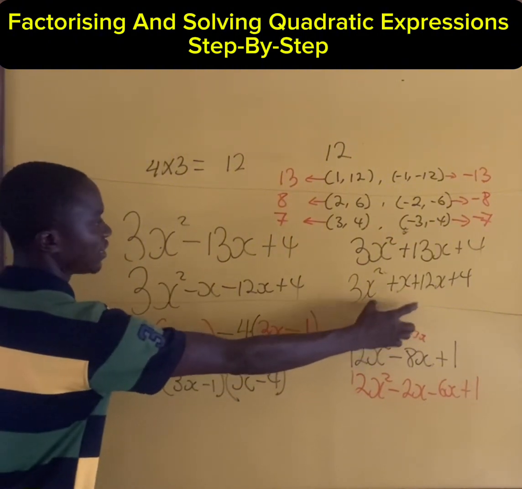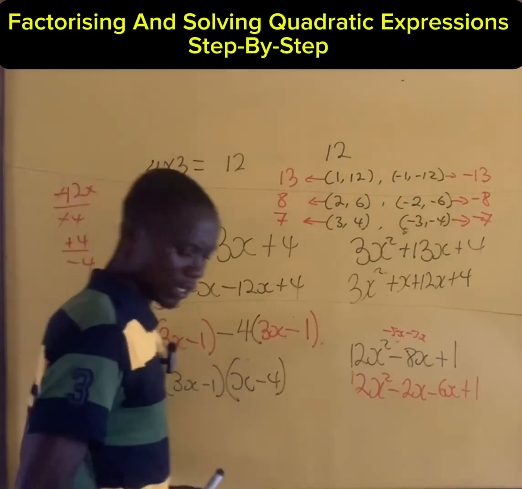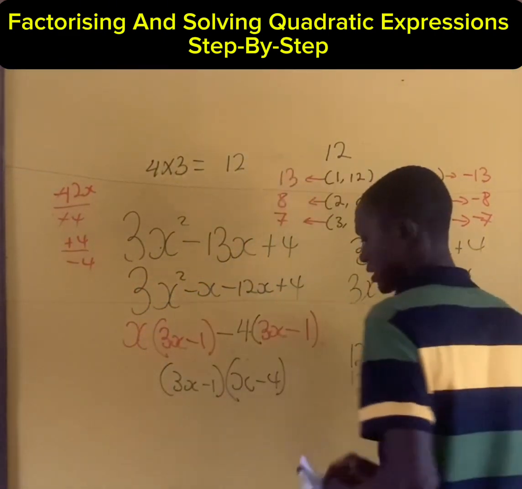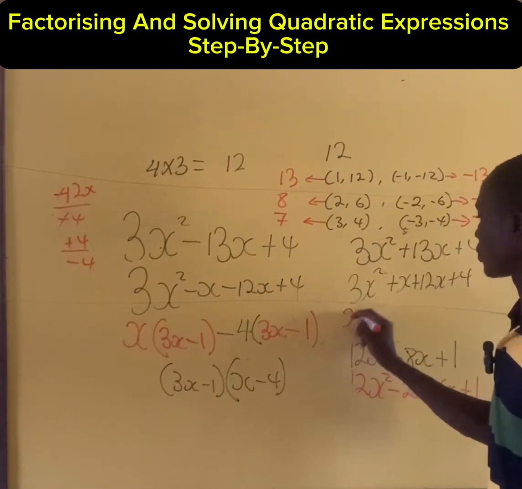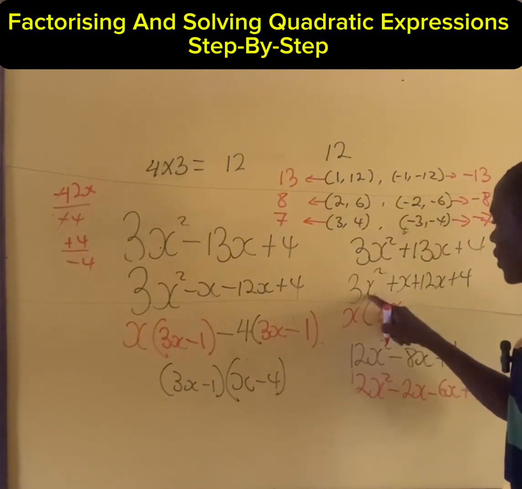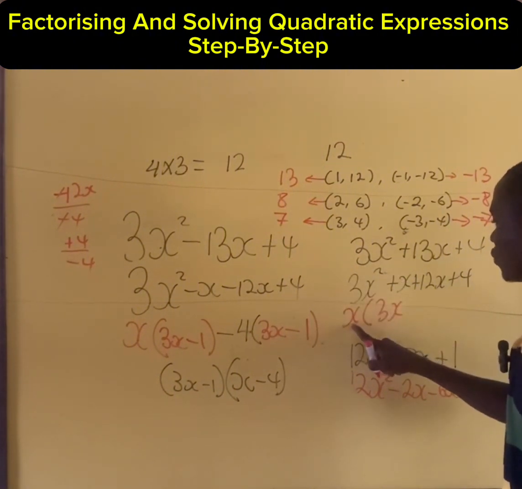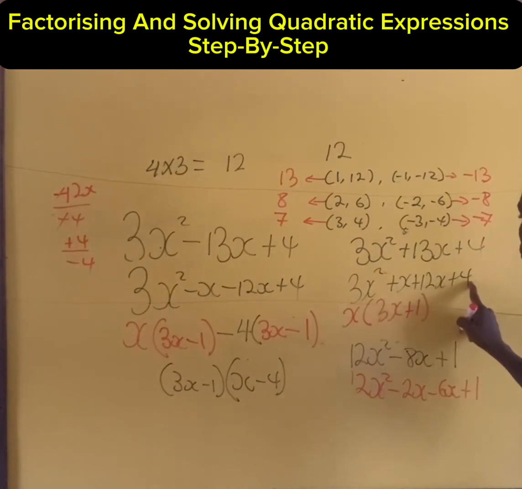In the same way, this one, let's do the factorization there. This one too, x is common, so we take x out. Times here it will remain 3x, because this x will cancel one of this x. And this x will divide this x, it will be positive 1. And here too 4 is common, but the sign here is positive, so we put positive here.